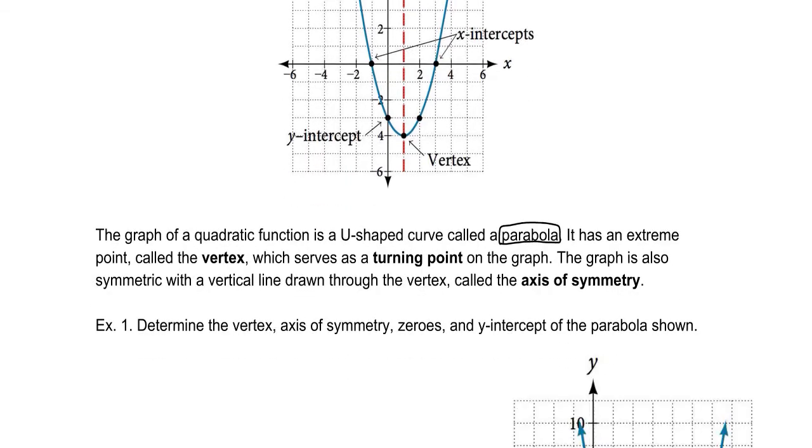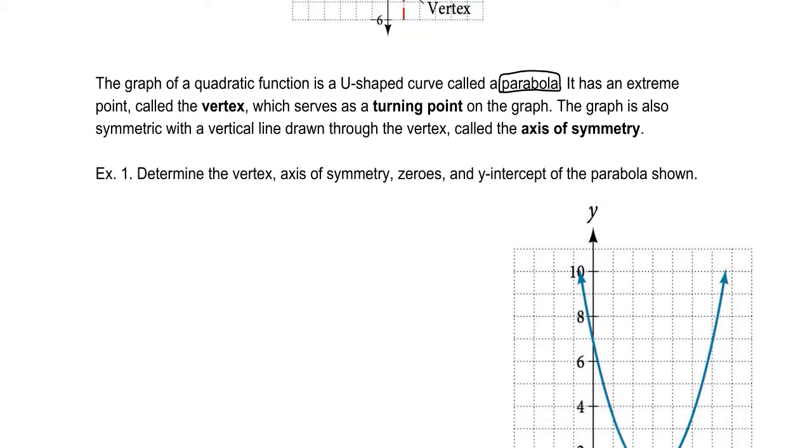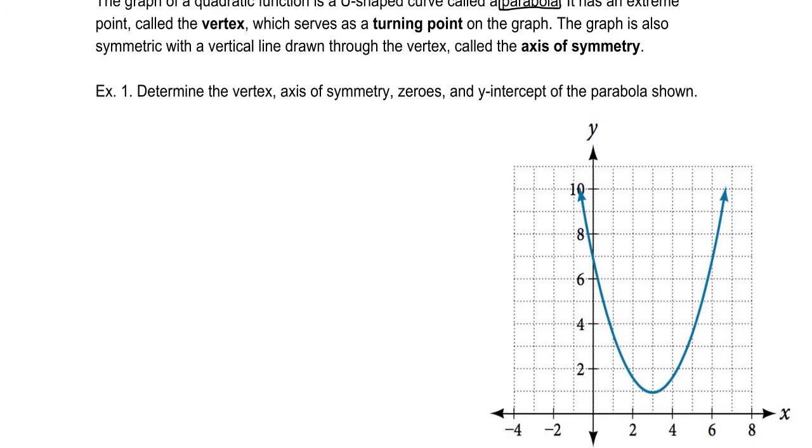Alright, so determine the vertex, axis of symmetry, zeros, and y-intercept of this parabola. Well, first its vertex. The vertex is a point, and I'm going to label it as V. That is the point 3, 1.